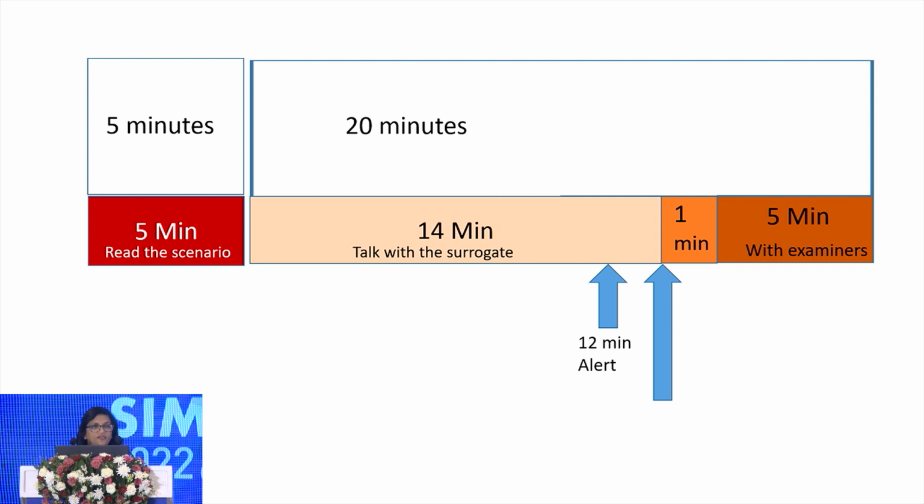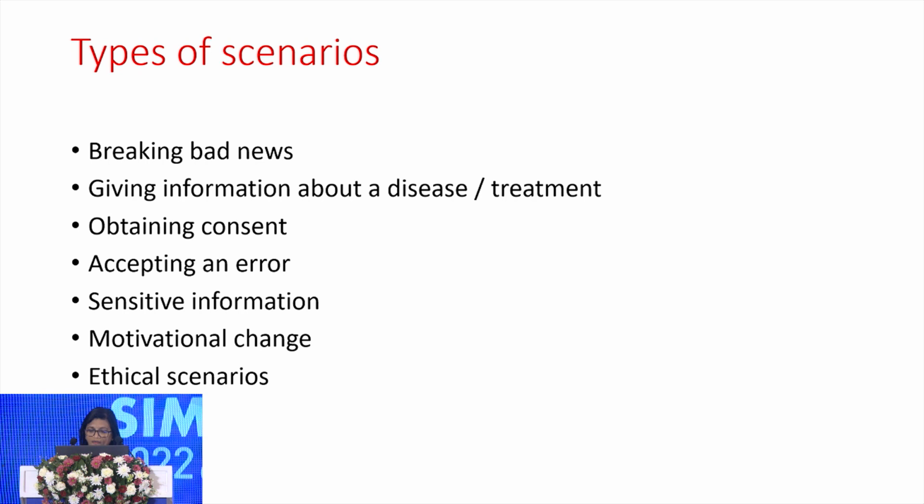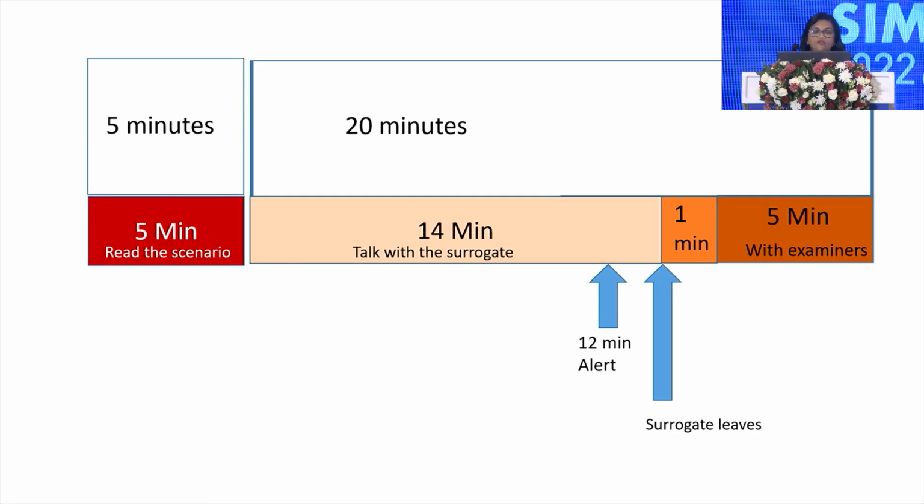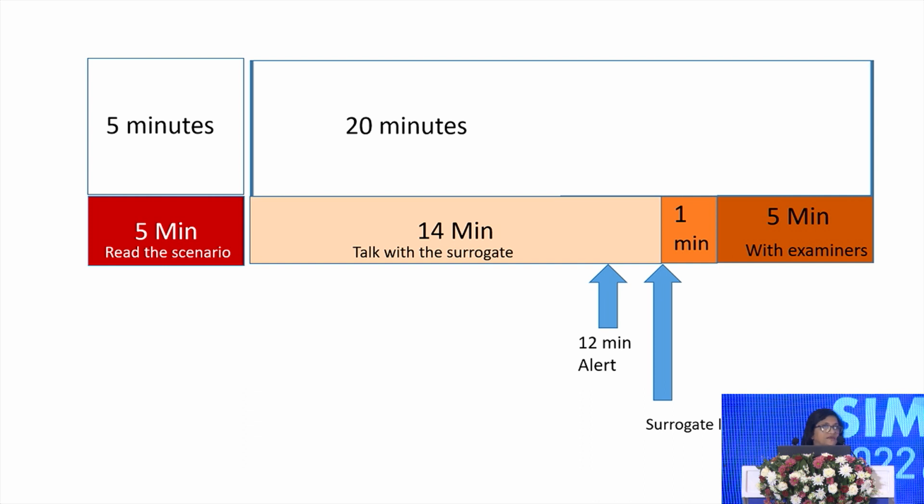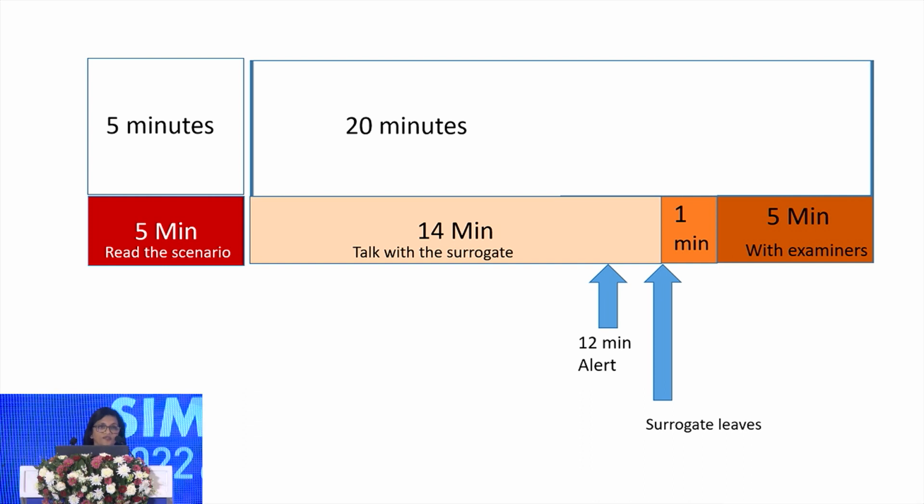You have 14 minutes to spend with the surrogate, and at 14 minutes, the surrogate will leave the room, and we will give 1 minute to organize your thoughts. At 15 minutes, we will start the examiner's questions. Usually one examiner interviews, and it will be only 5 minutes, and after 5 minutes, the examination will be over.